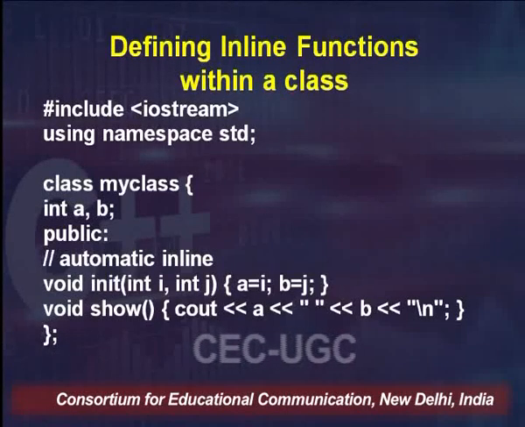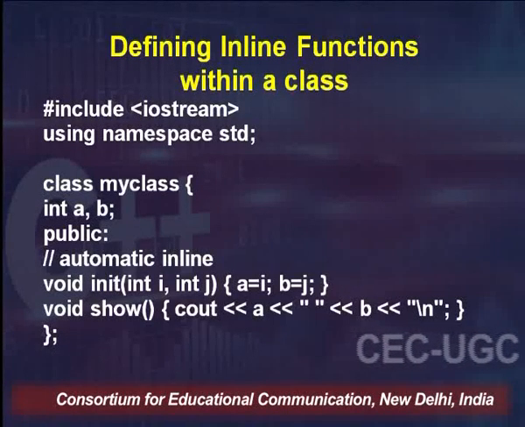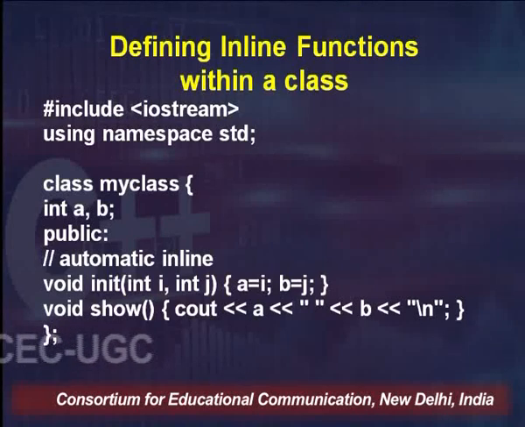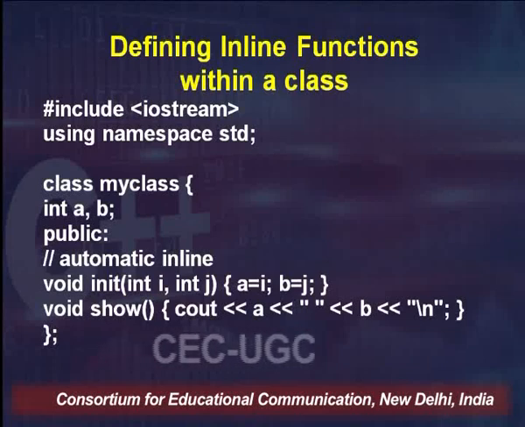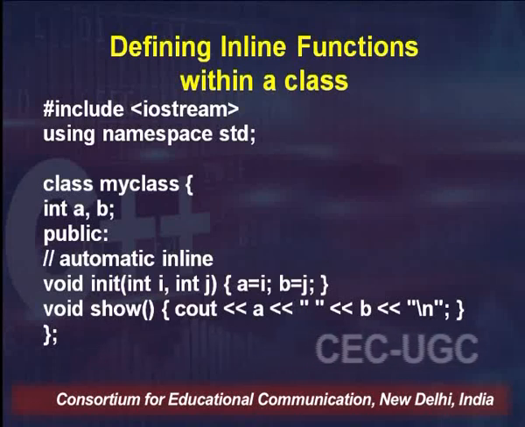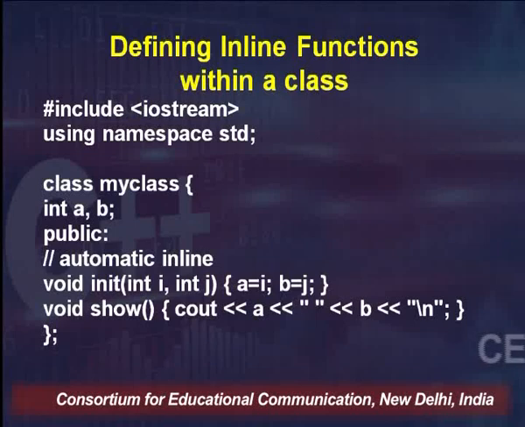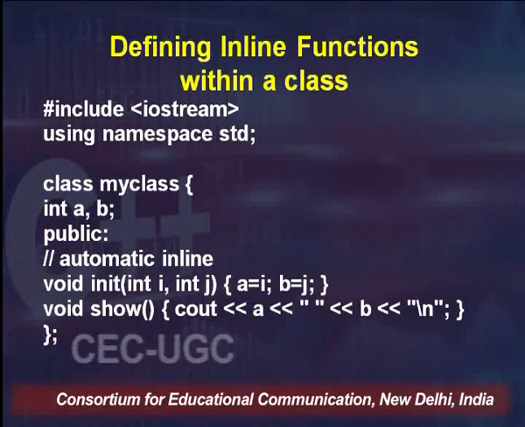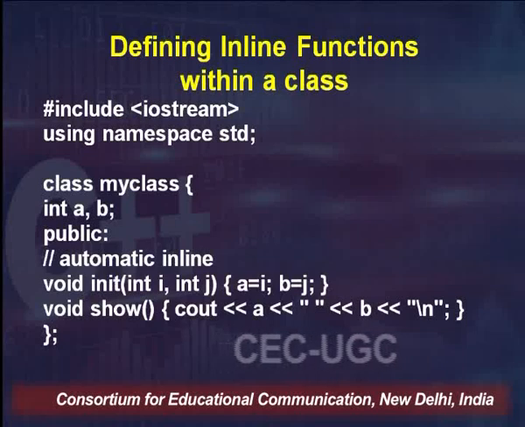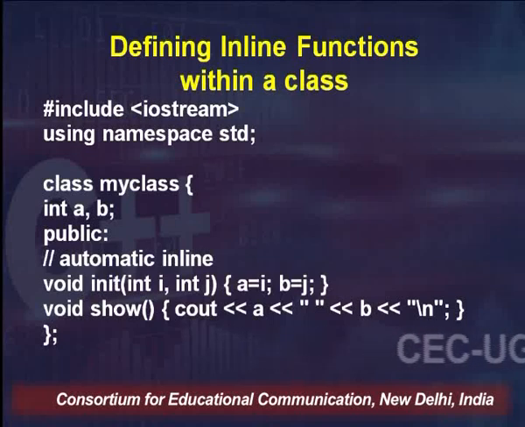Now what if we want to define inline functions within a class? If you can see, we have taken the same code of class my class, which has two private member variables, a and b, and within the public section we have void init with integer i, integer j, where the value of i is given to a and the value of j is given to b, and this closes the function.